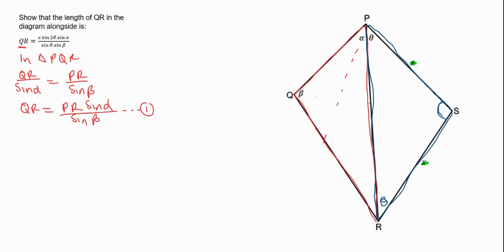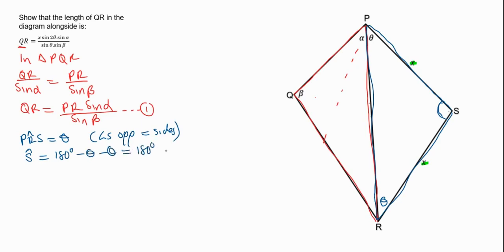So we can say angle PRS is equal to theta, since these are angles opposite equal sides. We can find angle S. Angle S is equal to 180 degrees minus theta minus theta, which becomes 180 degrees minus 2 theta.